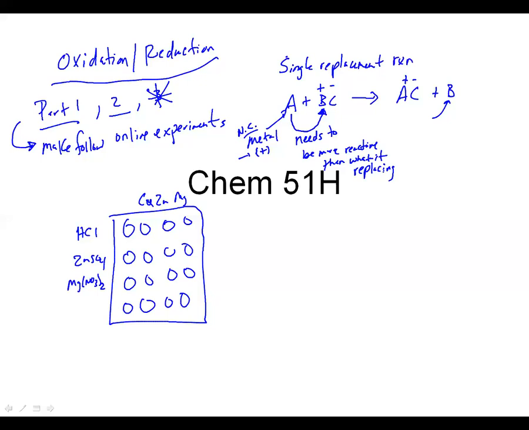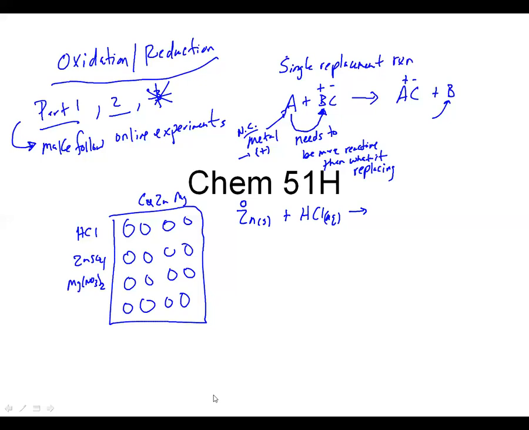So for example, if we took something like zinc and we reacted it with hydrochloric acid, again, this reaction, if it did take place, the oxidation state of zinc here is going to be 0. Remember, any metal that's uncombined in its natural state will have an oxidation state of 0.